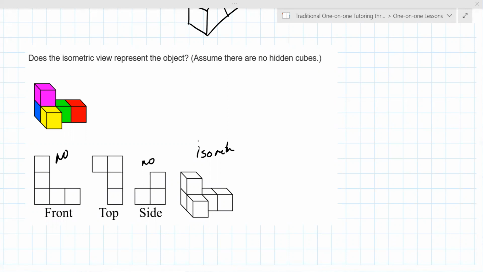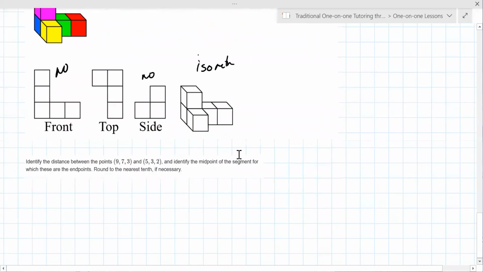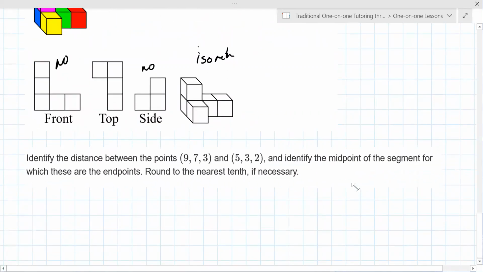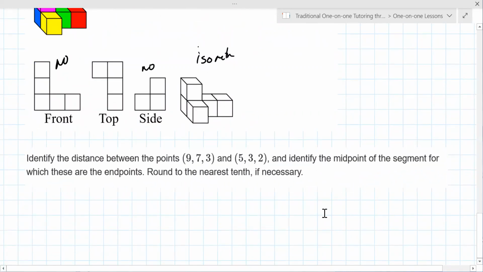Okay, let's see what else we got here. Okay, so here's a problem we just looked at to have you do one more. Hopefully this is the last one that we can look at here. So there you go. Same thing as before. Find the distance and the midpoint.